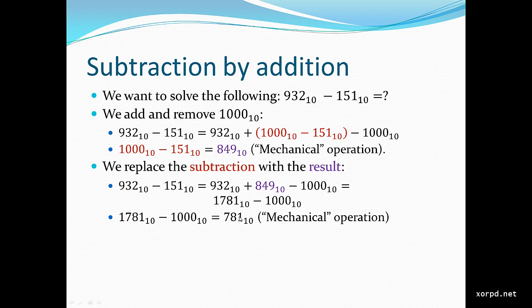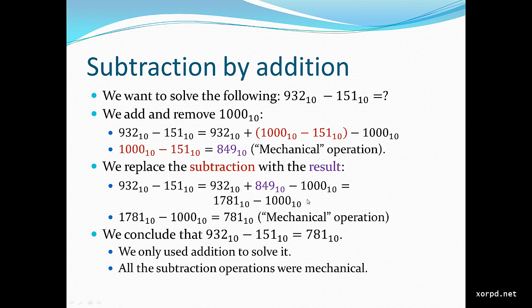This is also pretty easy to do. You can just look at it and know the answer. And the real work is here, where we add those two numbers that you can see here. So eventually we conclude that the result is 781 in base 10. And it really seems that we only used addition to solve it. The rest of it was just mostly mechanical.